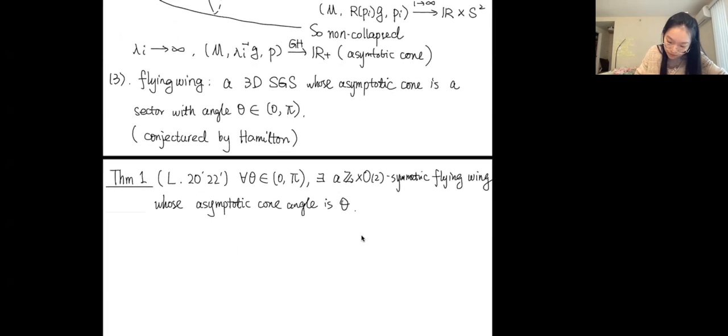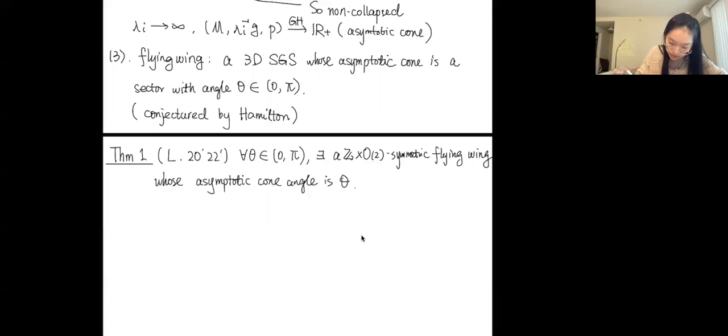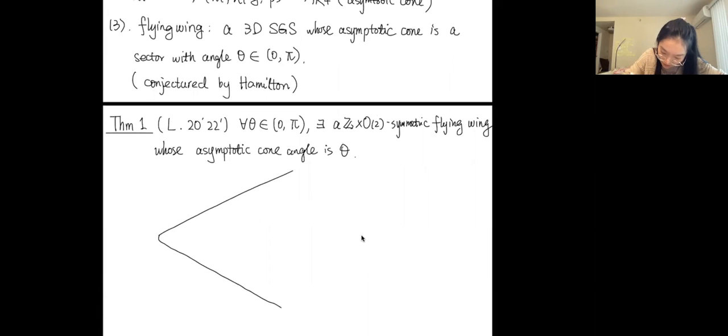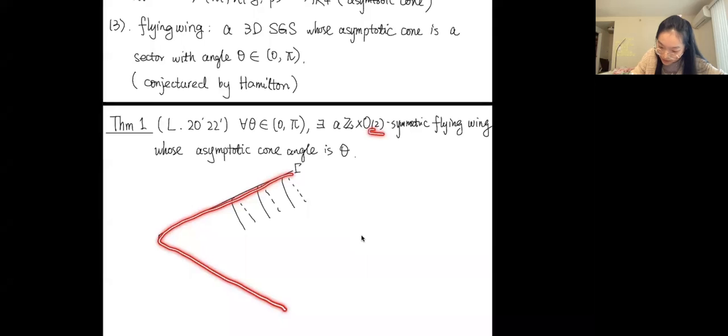And now I owe you a picture of what the flying wing really looks like, so let me draw a picture of it. Here is a picture of a 3D flying wing. There are edges of the wing, which is a complete geodesic fixed by the O2 action.